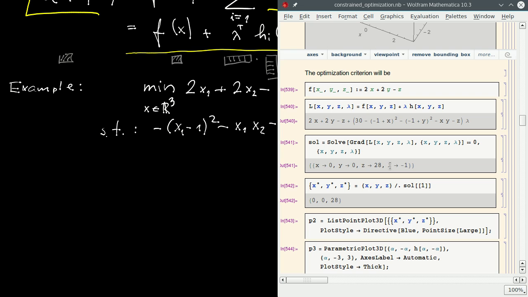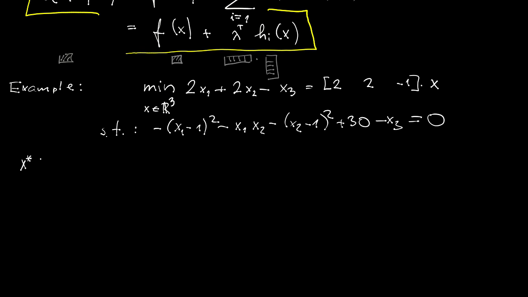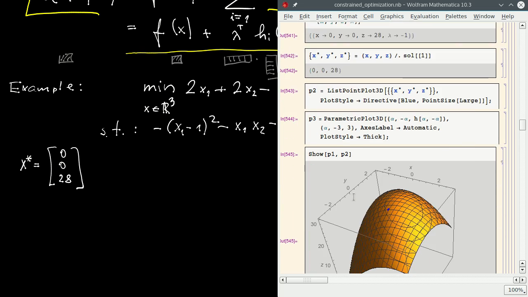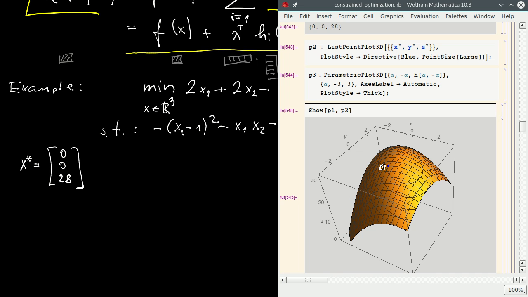Should you be interested in the value of lambda? I'm not, so I will only put down x star equal to 0, 0, 28. So this is the critical point. And here it is. Can you see the blue dot over here? This is the critical point for our optimization problem.